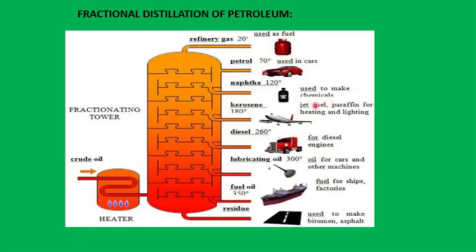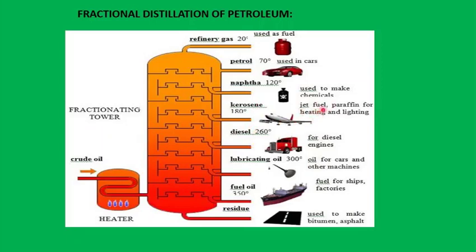It is used to make chemicals like mothballs to kill insects. Next, when the temperature rises to 180 degrees Celsius, another component of petroleum, that is kerosene, will be evolved. The vapors will be evolved and then cooled and collected over here. So see, a wide range of components are obtained based on the difference in boiling points.